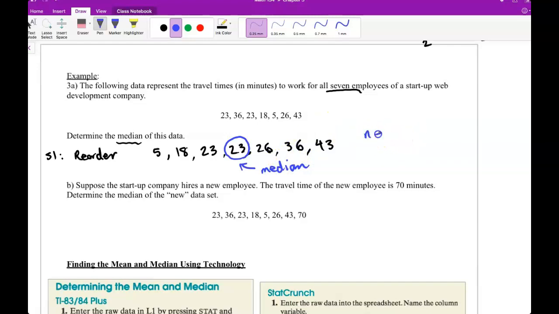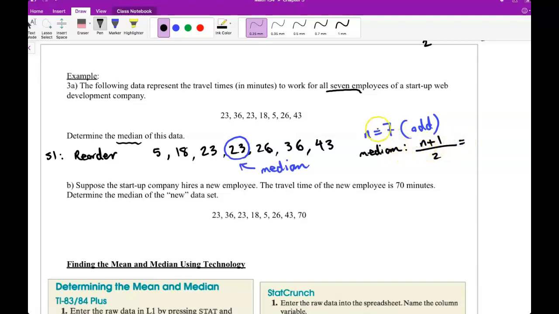So n was equal to 7, and that was an odd number. Now let's see where that is located. Obviously this is 4th place: 1st, 2nd, 3rd, 4th place. Since we have odd, we're going to use n plus 1 divided by 2.